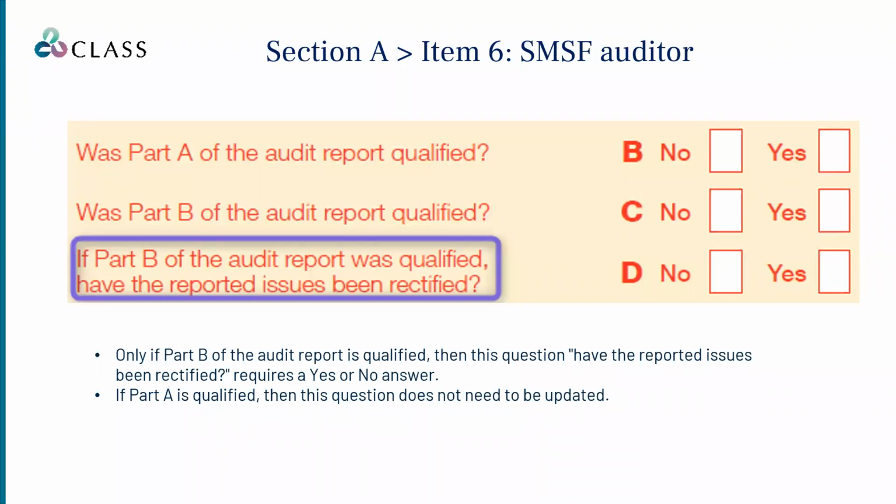If that's qualified, then the question, have the reported issues been rectified, needs to be answered, yes or no. If Part A, the financial report qualification, is answered yes, you don't need to answer label D. However, the ATO will take that answer into account for the risk profile, in case they need to audit this fund.